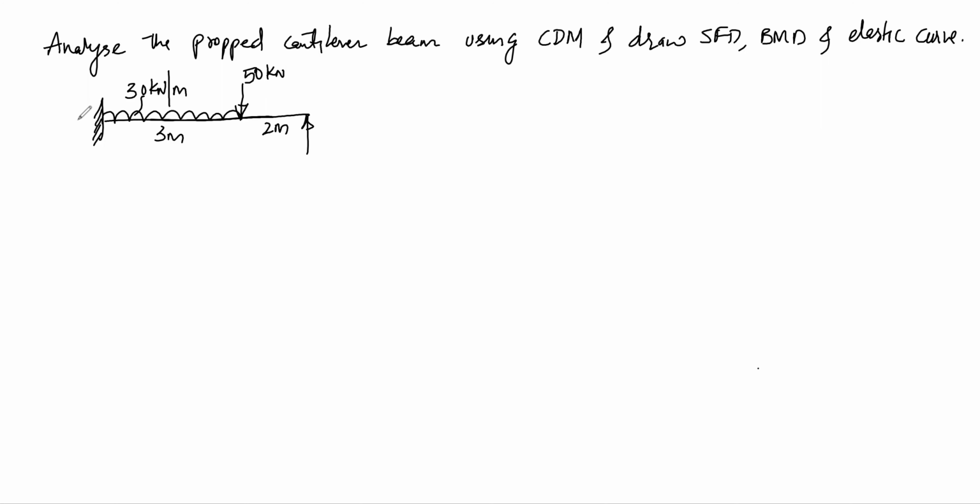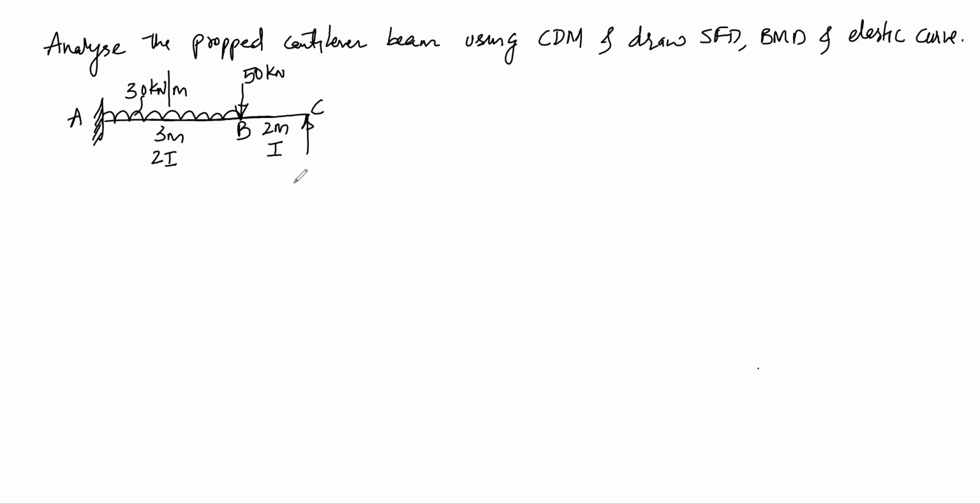So let us take these points as point A, point B and point C. Now here in this question, let us consider the flexural rigidity of AB is given as 2I and flexural rigidity of BC is given as 1I.